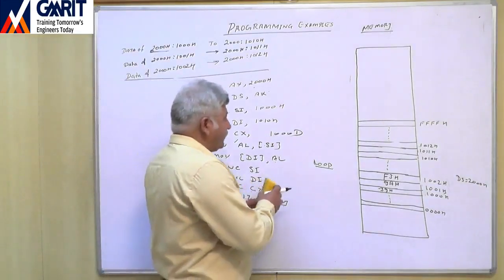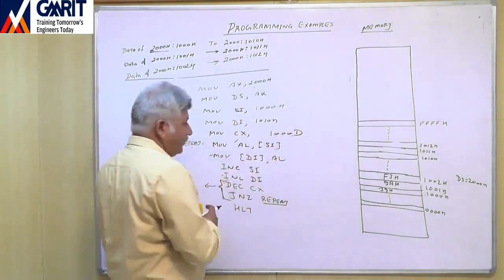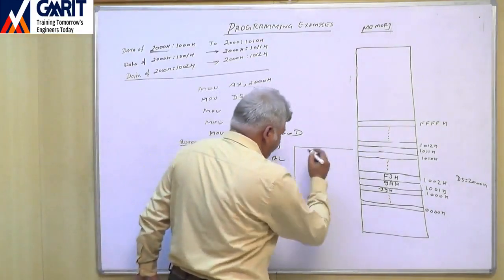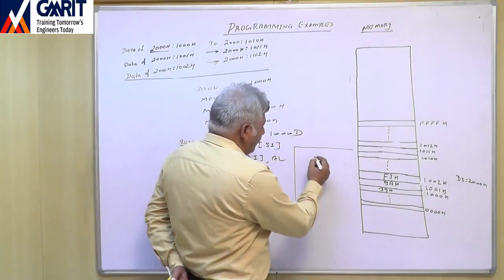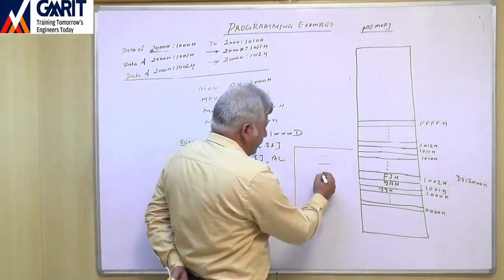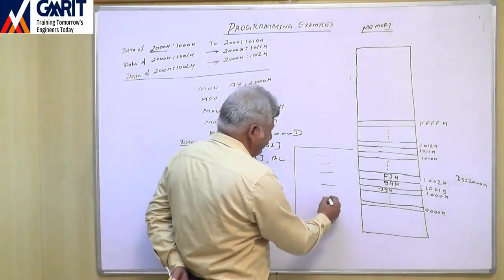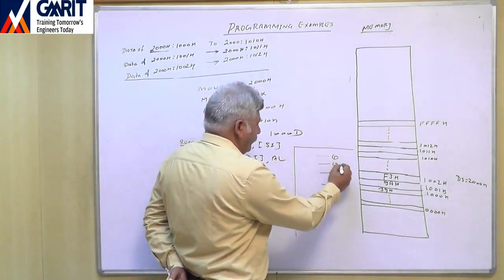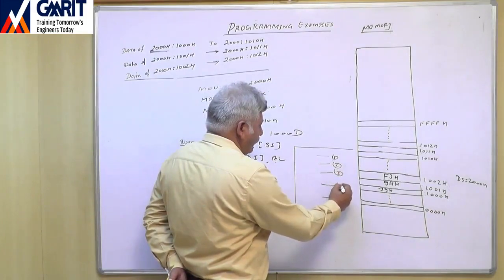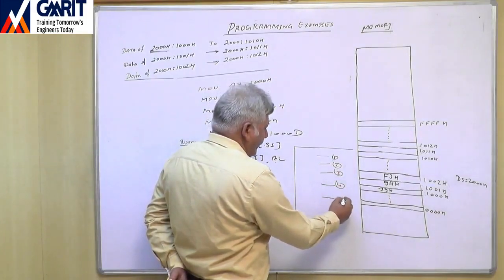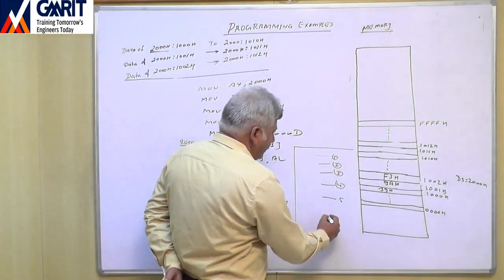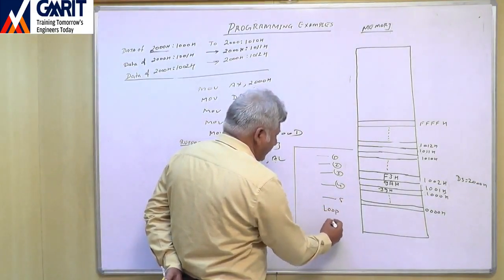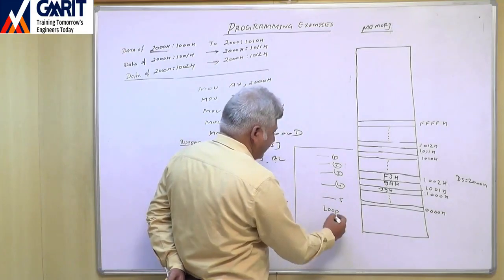Now with the loop instruction, here I will explain. Suppose there are a few instructions we have written. Let us assume instruction number 1, 2, 3, 4, 5 like this. And here we have written loop, right? And after that also there are many instructions.